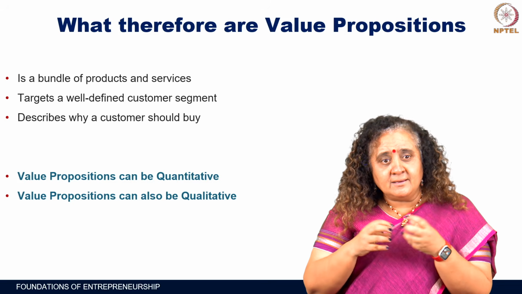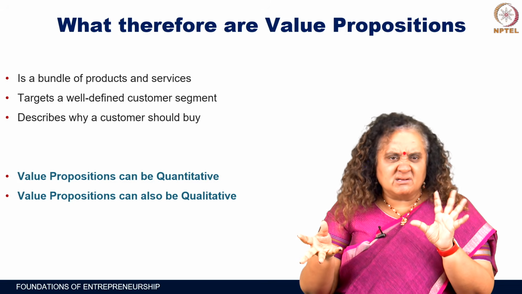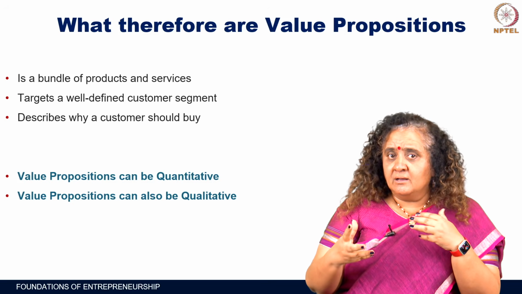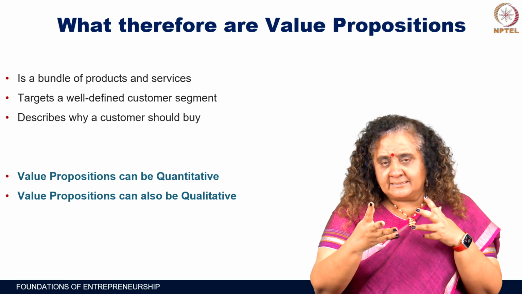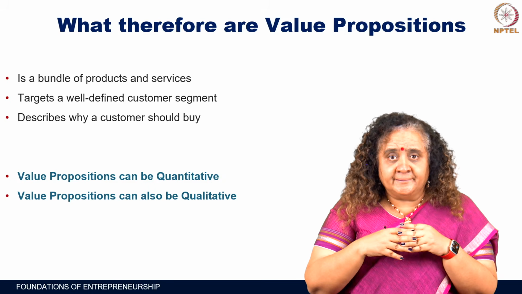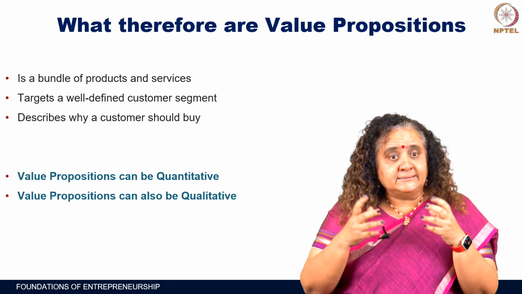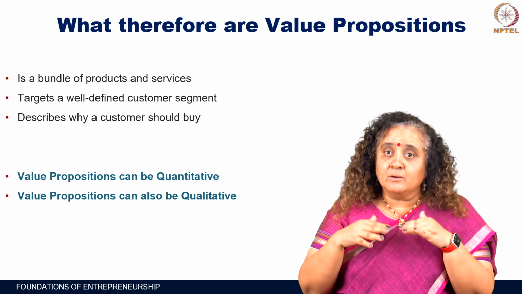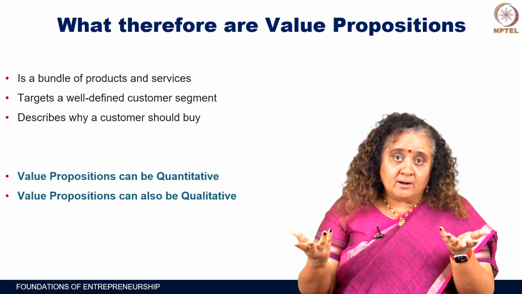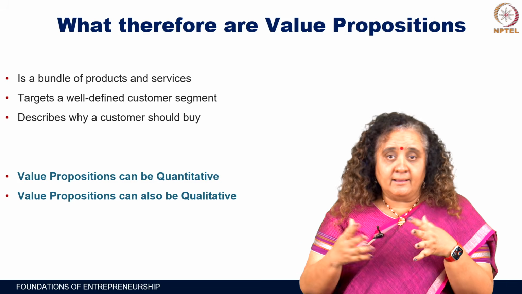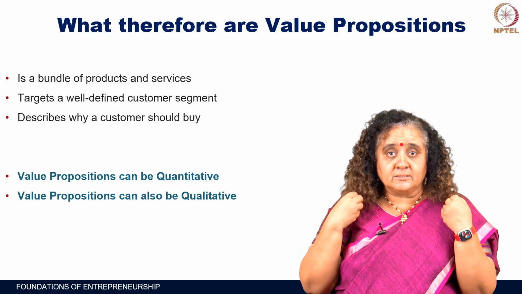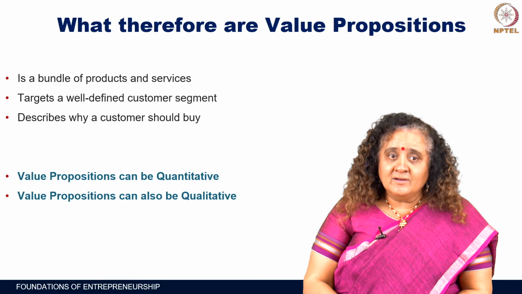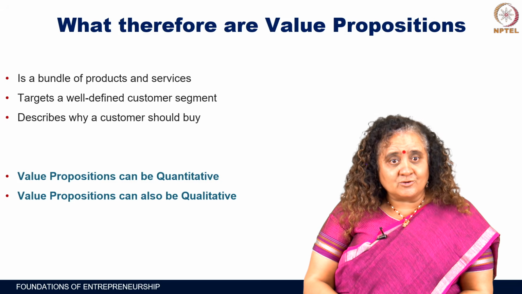And in summary, value propositions can be quantitative: more efficient, saves 10% energy, 15% cheaper than the competition, megapixels. All these are quantitative, but more and more value propositions are becoming qualitative. I buy this product because of its design. I buy this brand because this brand is meant for people like me. Those are qualitative, and we'll cover that a little later when we get to marketing.